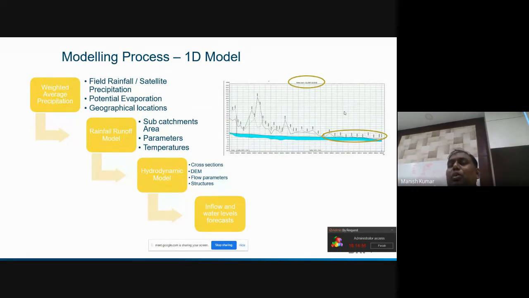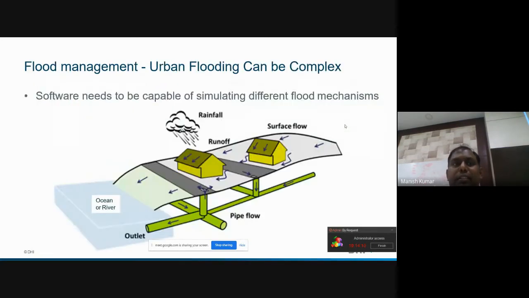So those are the locations where you have a flood scenario, and at what time step that water level will breach the levee point. Then you will have flooding, lateral flooding in those areas, and then you connect your flood model and generate flood inundation maps. So this is the basic or general process.